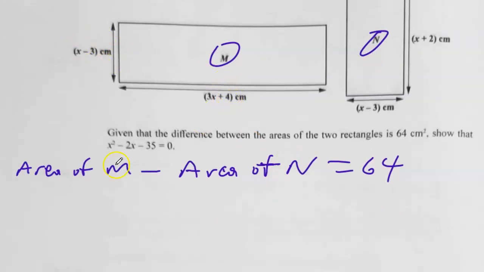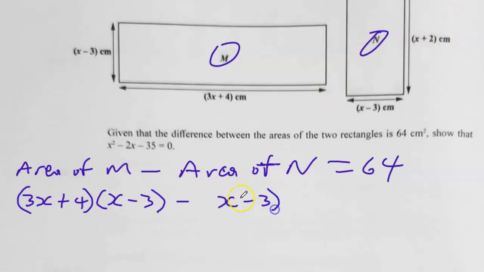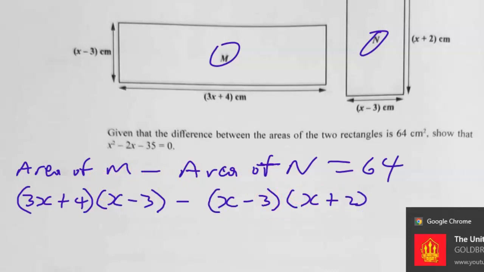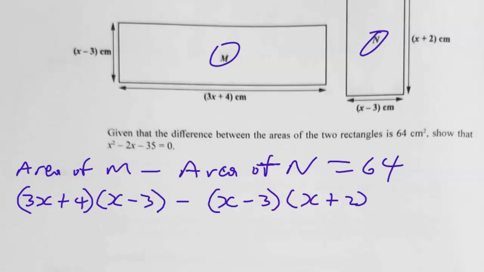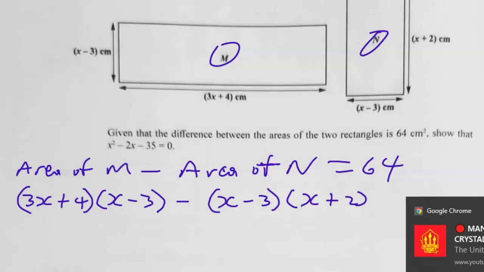So rectangle M is 3x plus 4 times x minus 3, minus the area of N. N, again, is x minus 3 times x plus 2. So area of M minus area of N, and we're told the difference is equal to 64.